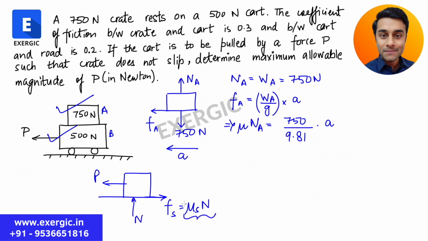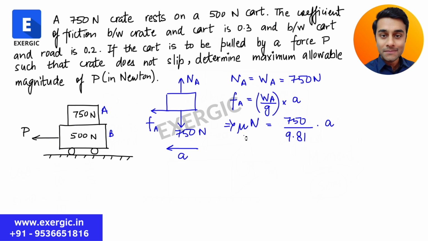This value tells you how much maximum static friction can be offered by this surface, or in other words, the maximum force that it can oppose in order to stay at rest, in order to avoid movement, in order to avoid slipping. That is told by mu S N. So whenever you have to tell the maximum value of friction that can be opposed without motion, definitely it is going to be static. So even if the question gave you two values of coefficient of friction, you have to choose the static one here. Okay, so here you have been given only one value of friction, so you can simply use that here.